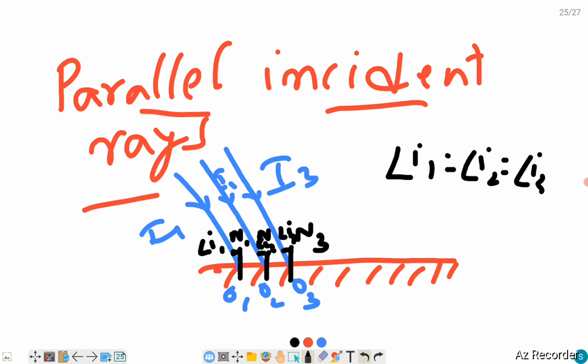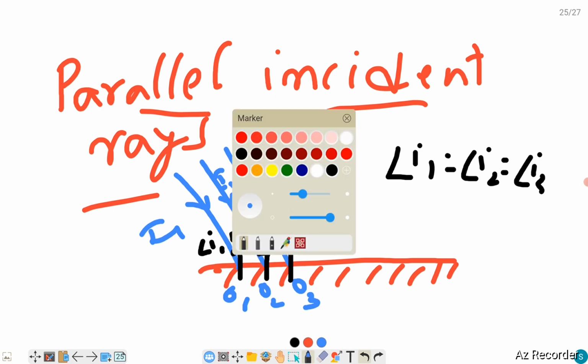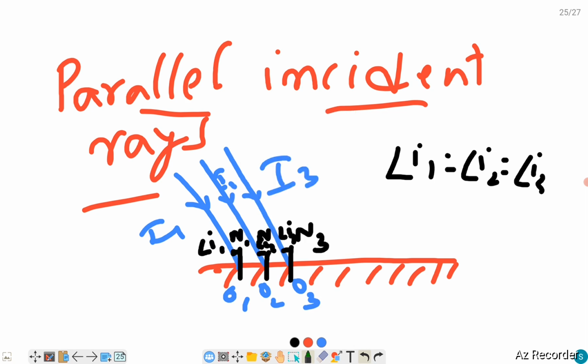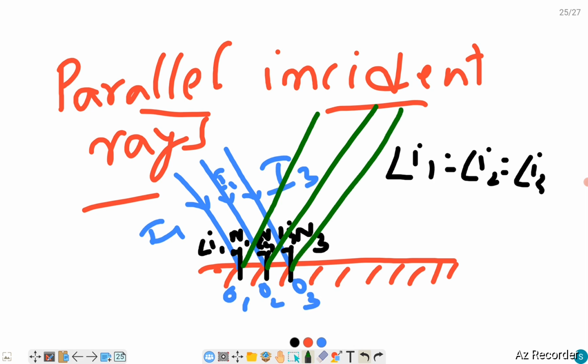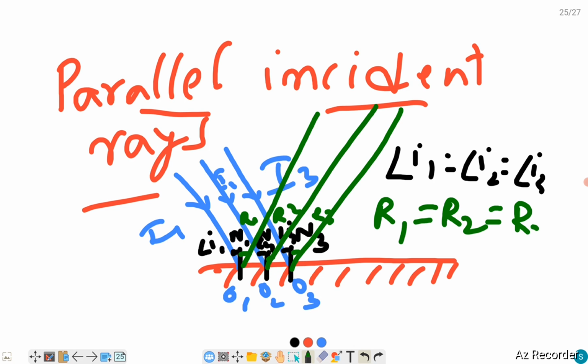Now the reflected rays will be, see here, I am just showing them in a different color. In reflection you will not have a different color. Now what I1 we have, the same will be R1. What I2 we have, the same will be R2. Whatever I3 value we have, the same will be R3. So R1 is equal to R2 is equal to R3. Correct?